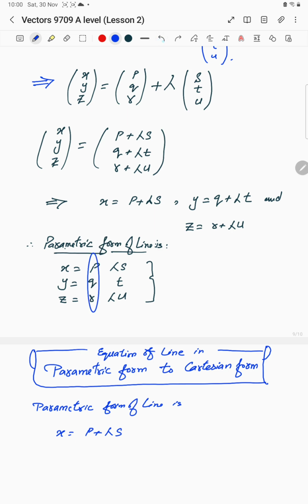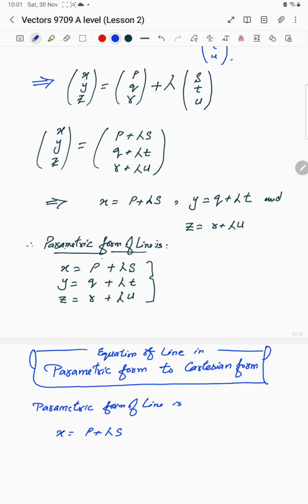Not doing well. Okay, it will be like this. Let me write it correctly for you. One minute. p plus lambda s and q plus lambda t and r plus lambda u.